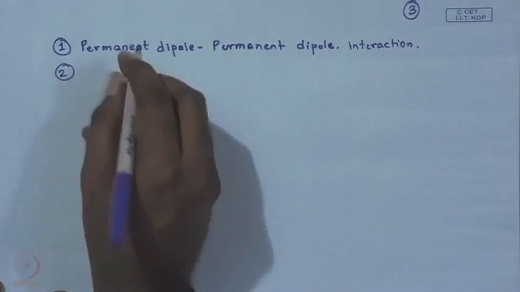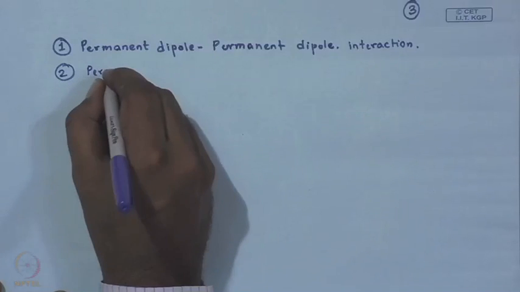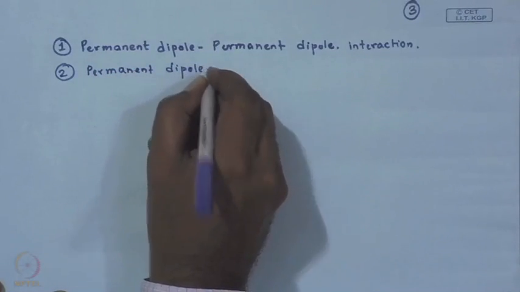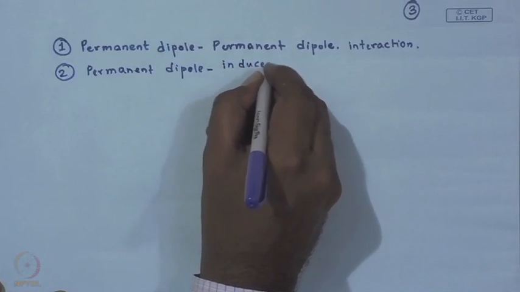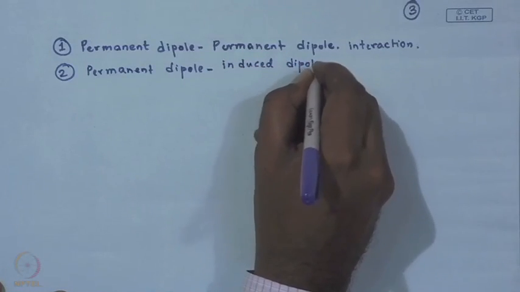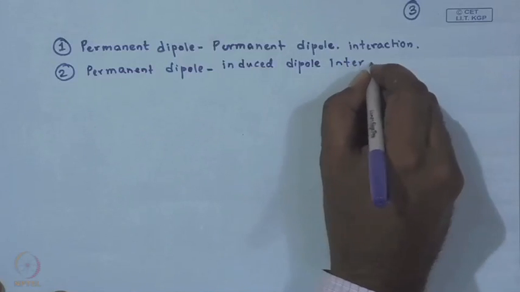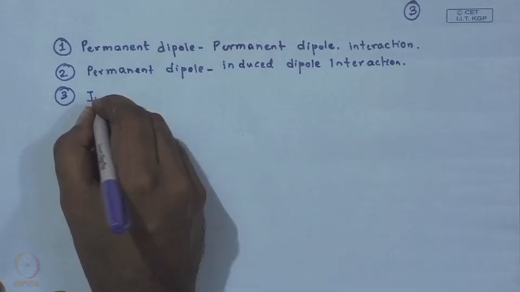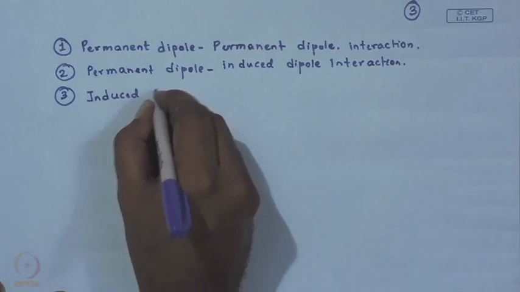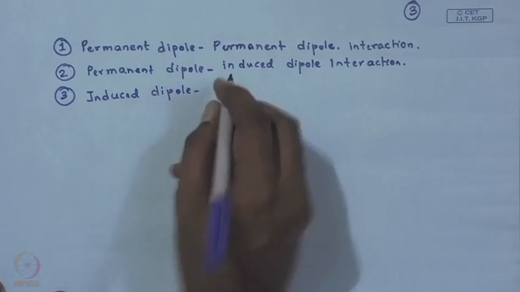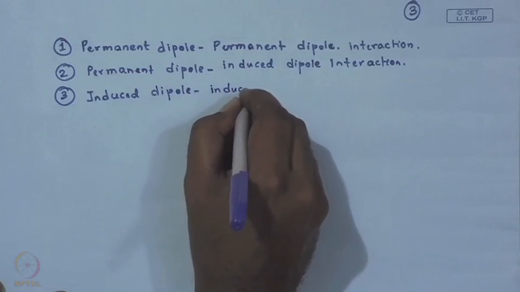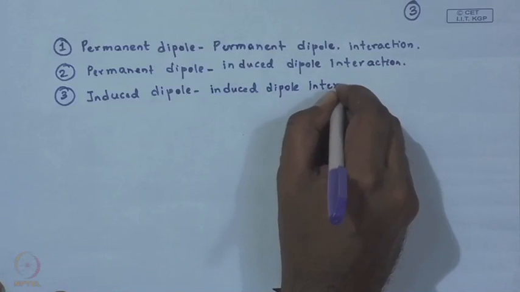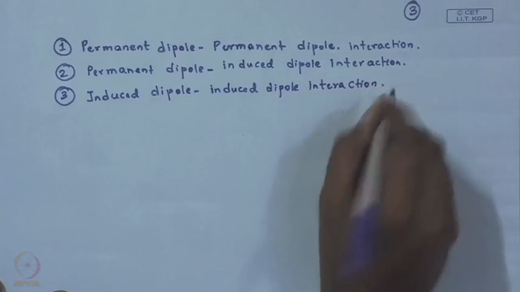The second one is permanent dipole induced dipole interaction. And the third one is, of course, the induced dipole interaction. Okay.